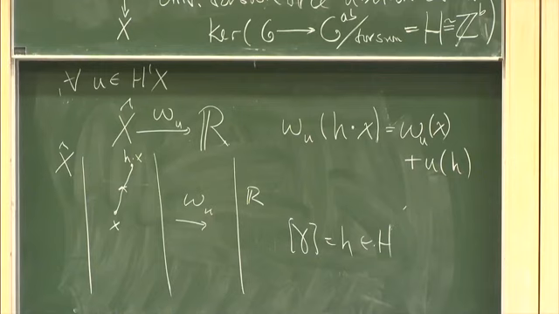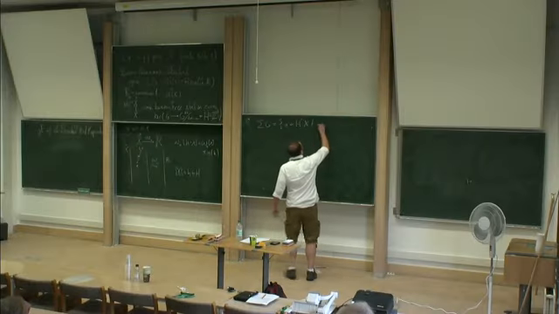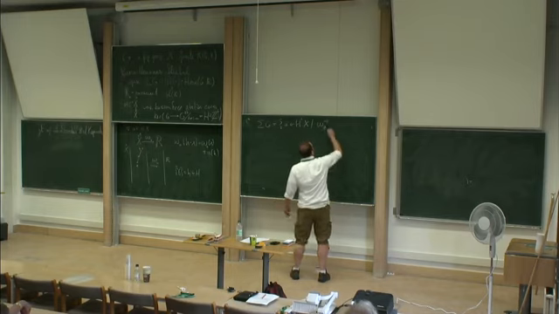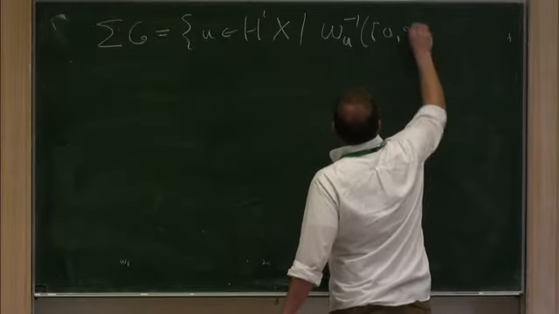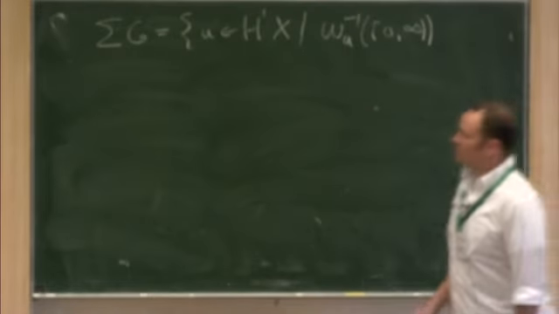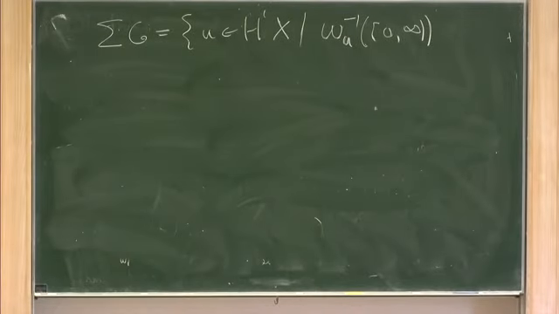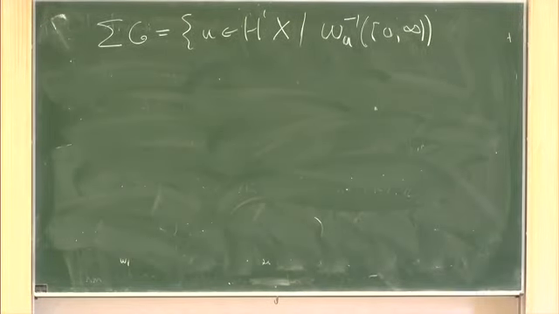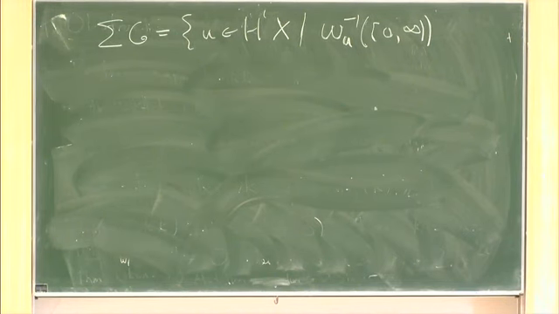What does it mean for u to be in the BNS invariant? The BNS invariant is the set of u in H1 of X such that if I take omega u inverse of 0 to infinity, so I'm going to pull back the preimage of 0 to infinity, I get something like this.